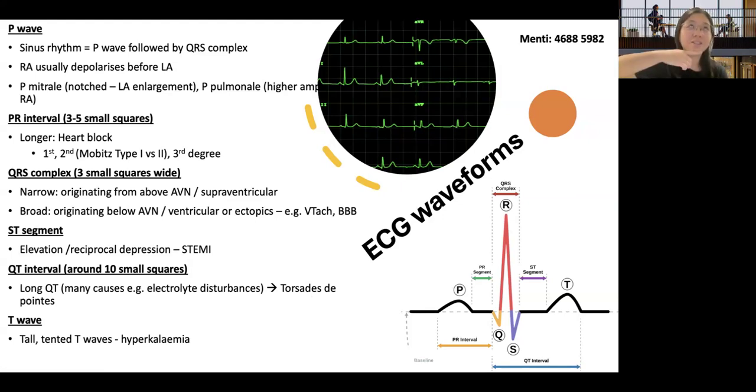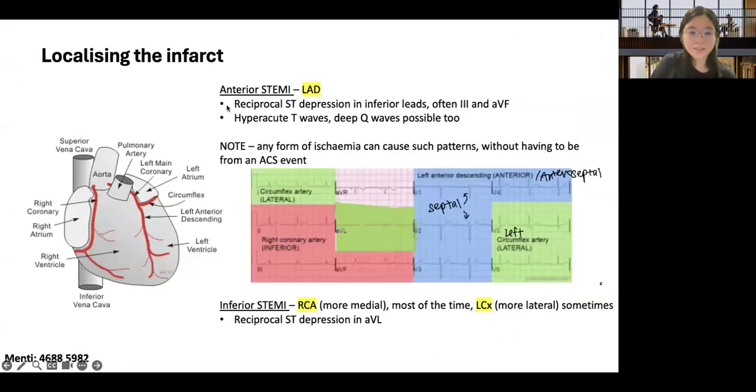Basically, it's classically described as a polymorphic tachycardia. And lastly, for the T waves, if you have tall tented waves, it's characteristic of hyperkalemia. And T wave inversion, on the other hand, is indicative of ischemia. So hopefully that was a good overview.